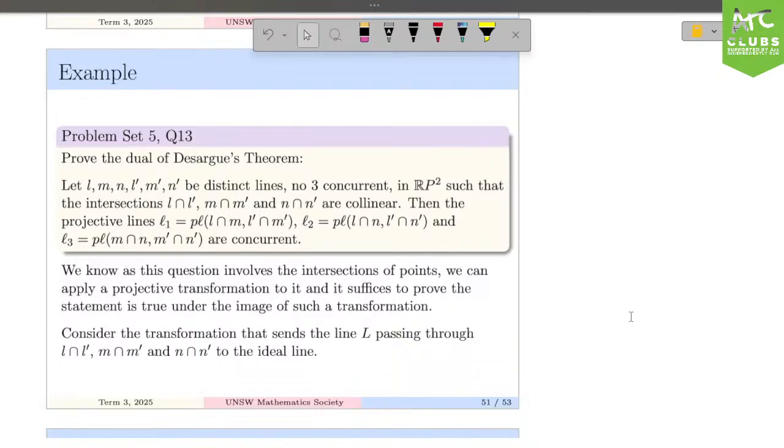Actually, I think I'll use a different colour here. So this is, is that too bright? Okay.